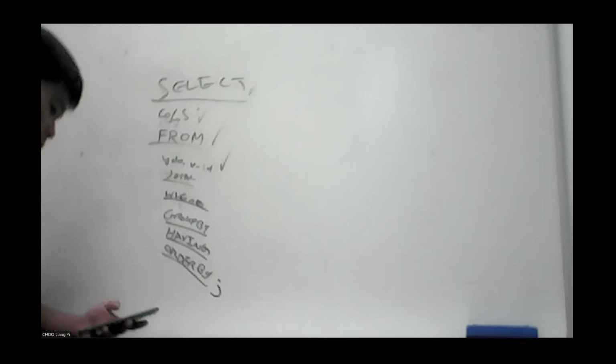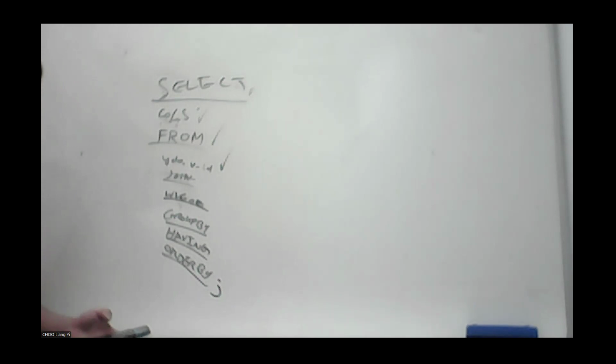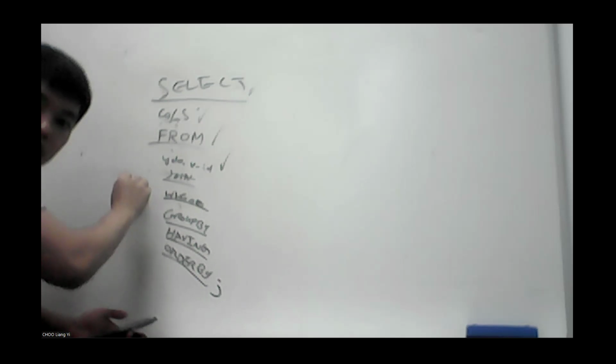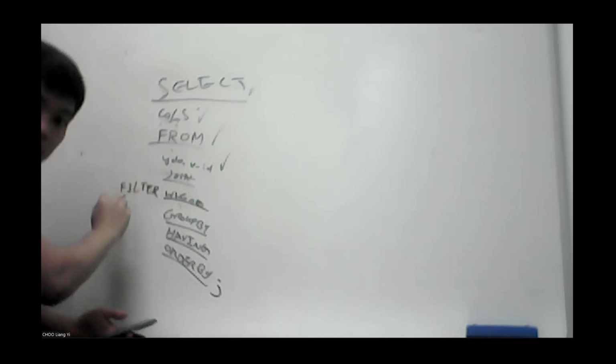Where is something called a filter condition. For example, you select human name from human, where the human name equals to hidden. So where is a filter condition.